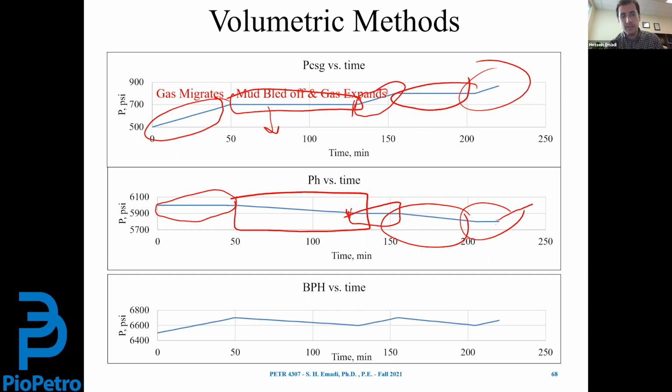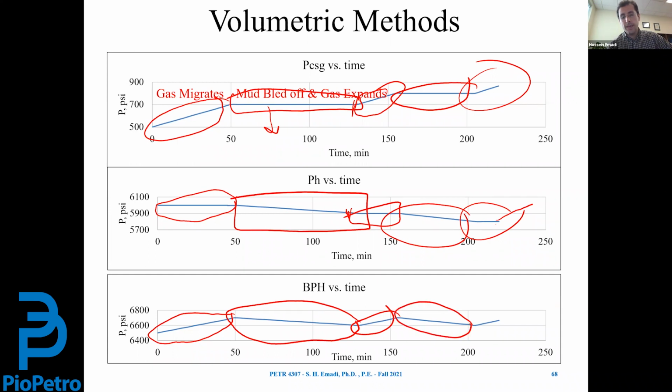So bottom pressure increases initially when the gas migrates, because when gas migrates, bottom pressure increases. When we start bleeding off mud and let the gas expand, bottom pressure decreases, because this is the whole point. We are reducing bottom pressure by removing the mud from the surface. Then again, it increases when the gas migrates. It increases by 100.